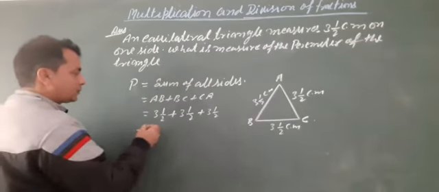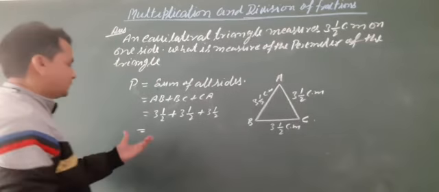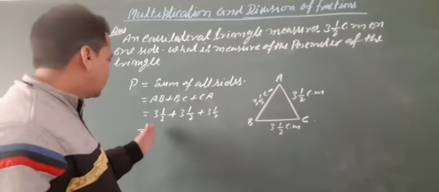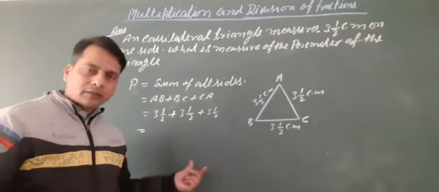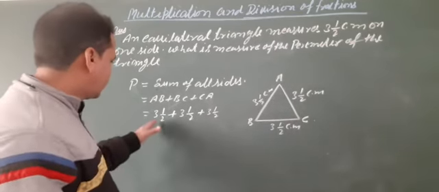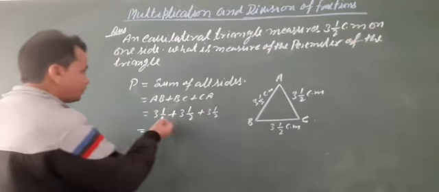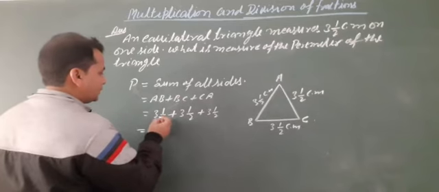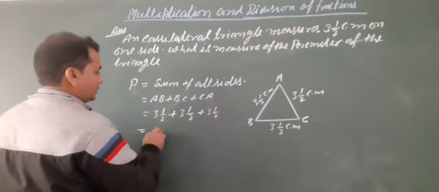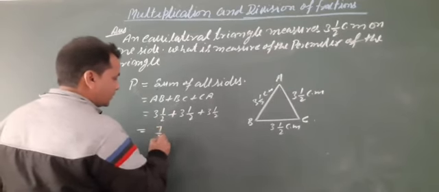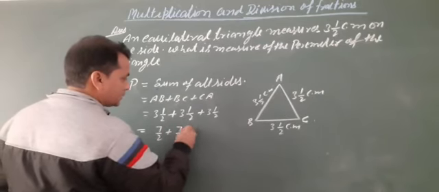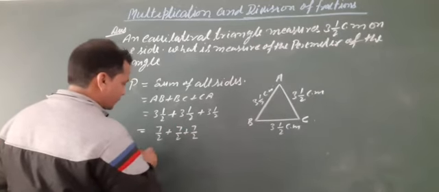So the first step in this question is to change the given mixed numbers to improper fractions, that is 7 by 2 plus 7 by 2 plus 7 by 2.